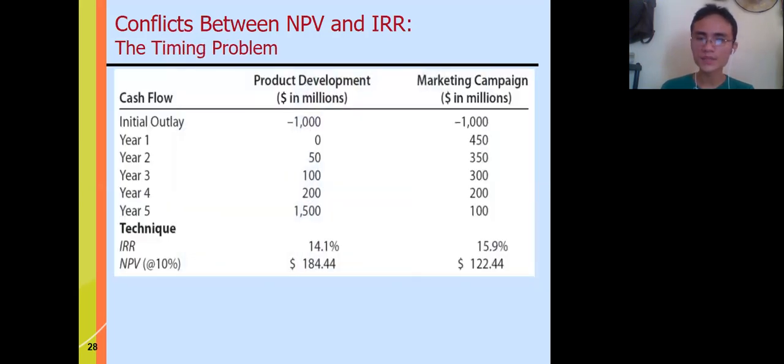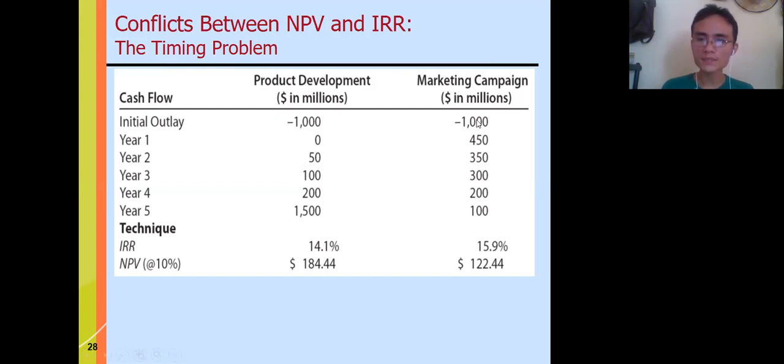Next, timing problem. In this situation, we can see that the projects have the same outlay, but for product development, the cash flows are lower initially and increase with the years that pass by.